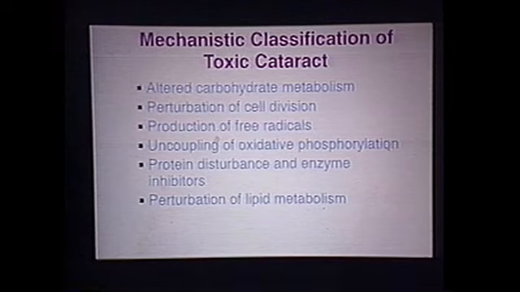There are substances which adversely affect cell division, and there are substances which produce free radicals to produce damage in the lens. There are examples of substances which uncouple oxidative phosphorylation, and substances which cause disturbances to protein metabolism or inhibit enzymes. And there are known examples of chemicals which induce cataracts via a perturbation of the lipid metabolism in the lens.